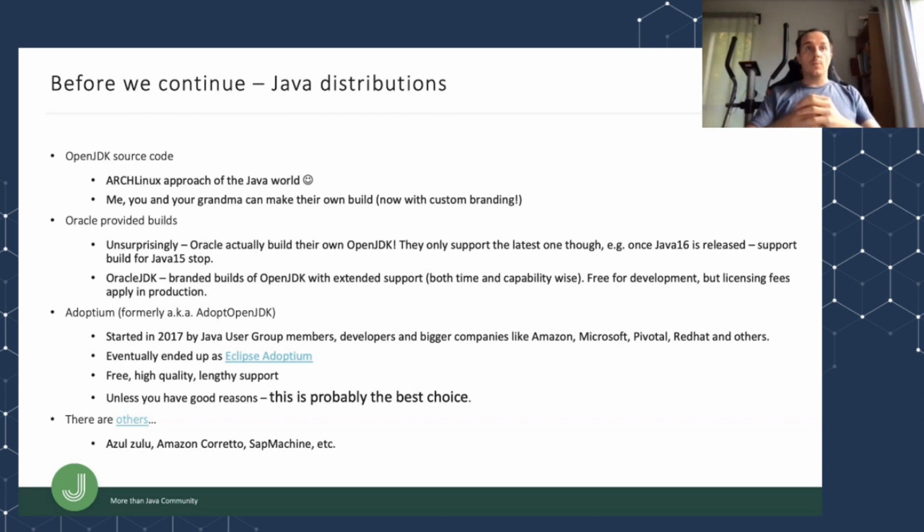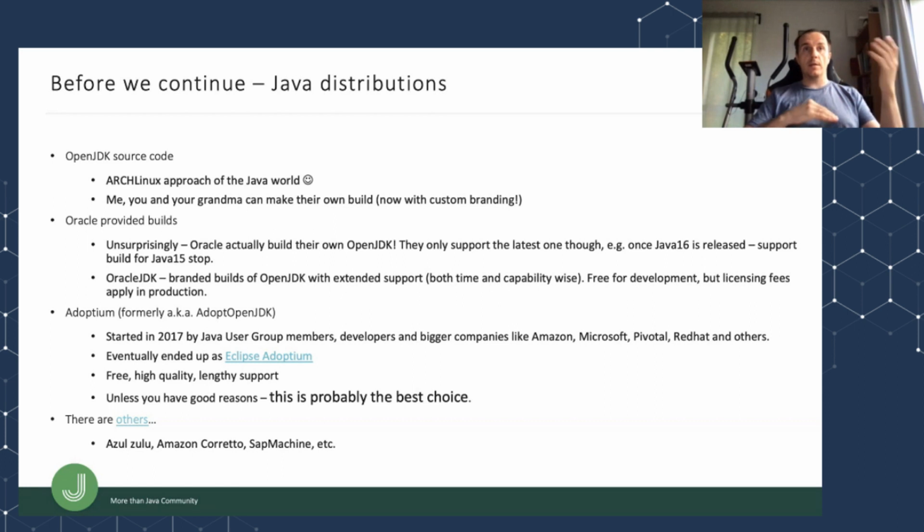Obviously, there are open alternatives, which was initially called AdoptOpenJDK, and right now it's called Adoptium. It was started by Java user groups, a bunch of vendors, developers, and fans who did an open Java implementation, right? It eventually ended up as Adoptium under the Eclipse banner. It has free, high-quality, lengthy support.